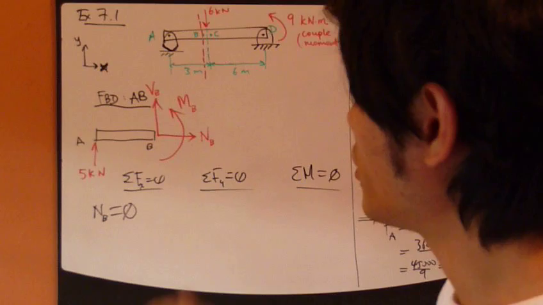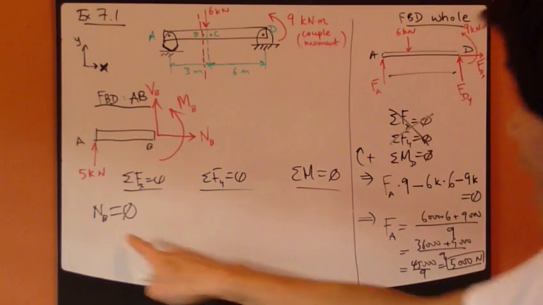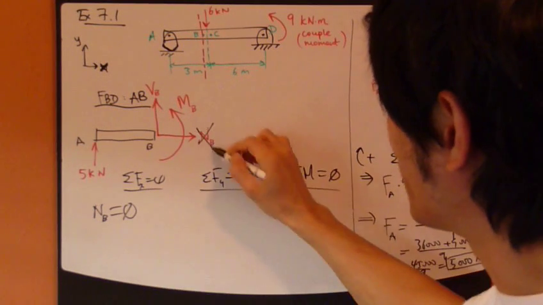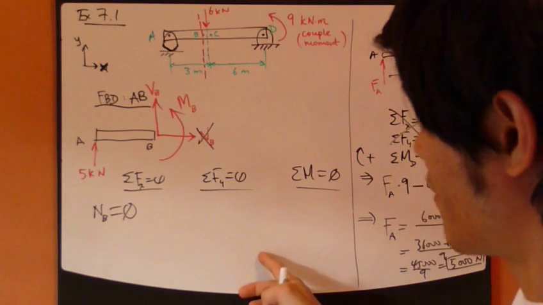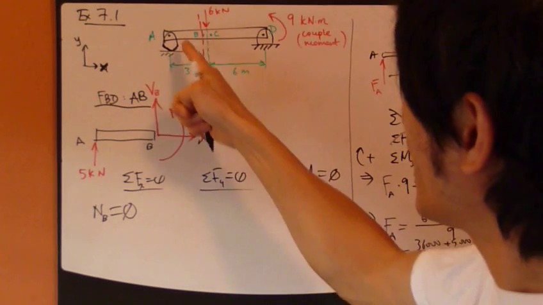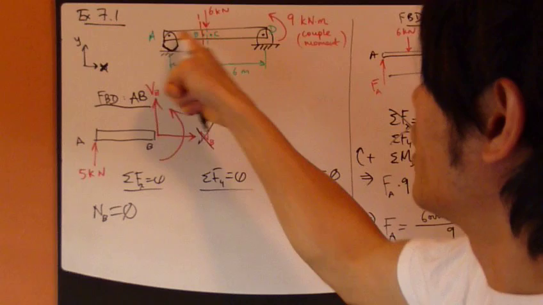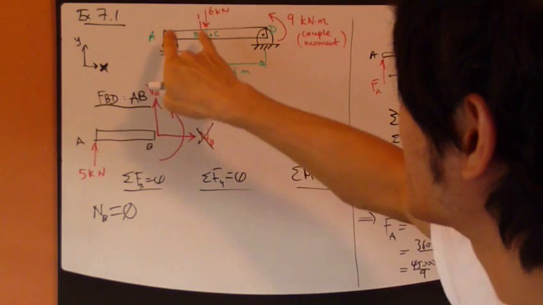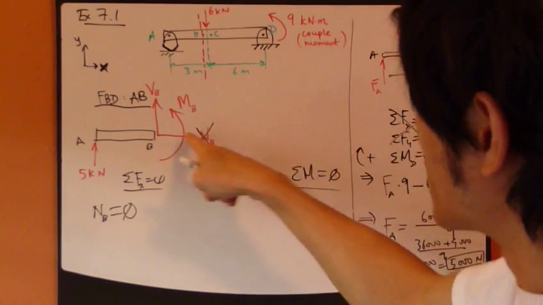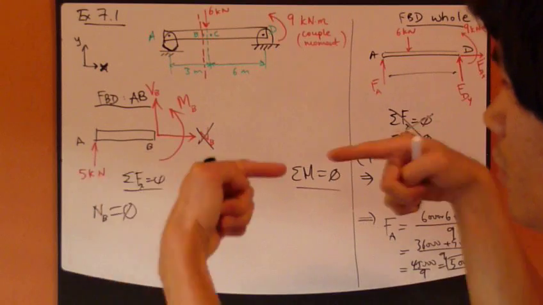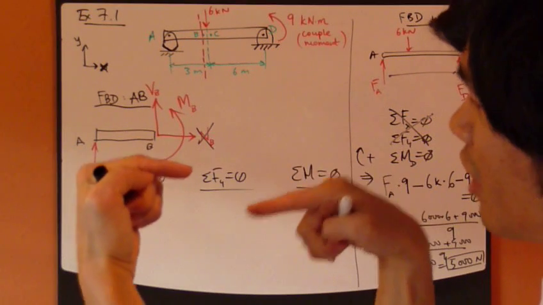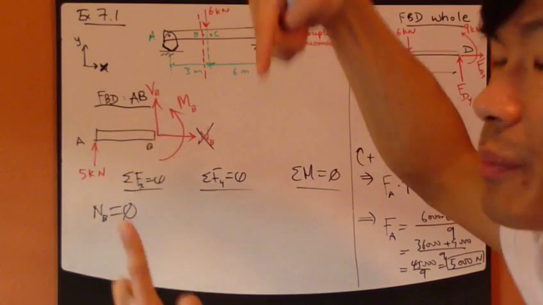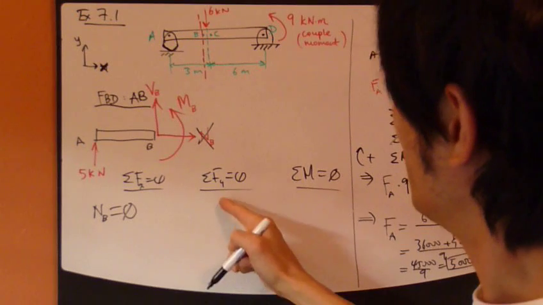So NB equals 0. And that's quick. Right away we decided that it doesn't exist. That means that anywhere inside this member, at least in this section, there's no axial or normal resistance. So everything is up and down.